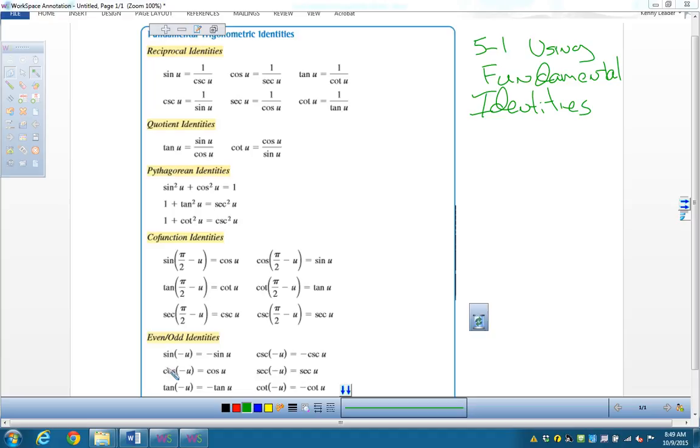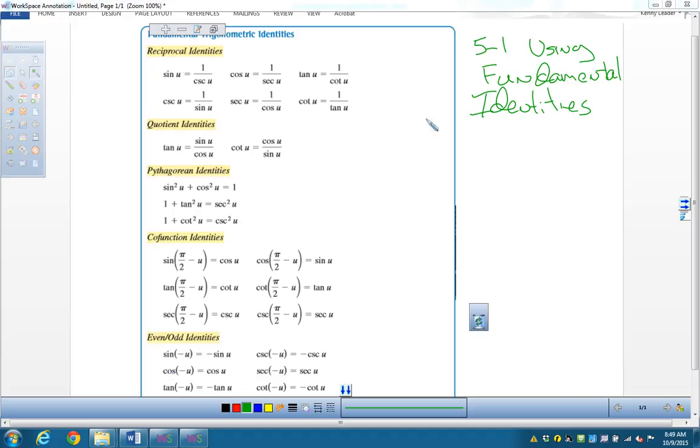And then we learn how to use these to solve and derive the formulas for double angle, half angle, sum of angle formulas. And then we solve some trig equations, which I kind of like. So that's kind of what this chapter is all about.